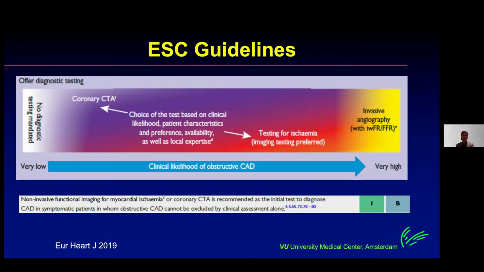On the other hand, this is a very difficult process because how are you going to determine likelihood of disease? We know from major trials like PROMISE and SCOT-HEART that we as physicians are not able to determine likelihood of disease all that well based on age, sex, and anginal symptoms.